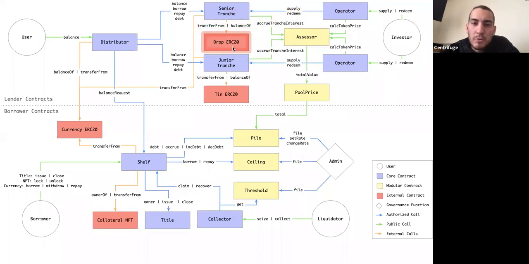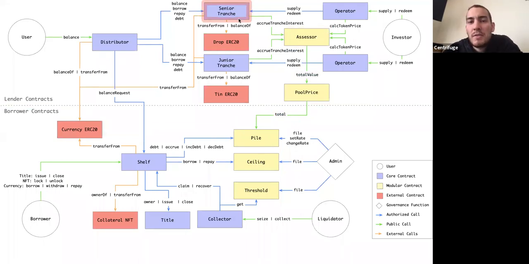To be able to price these tokens and the exchange rate at which investors can supply and redeem their drop and tin tokens, we look at this pool price, which looks at the different assets locked up in the shelf, the different invoices, and calculates a price based on the outstanding debt, the projected interest revenue, and the projected default rate.